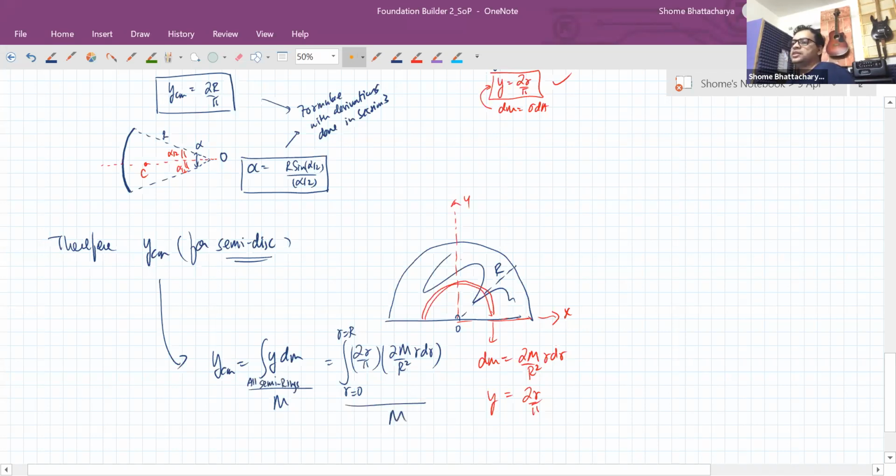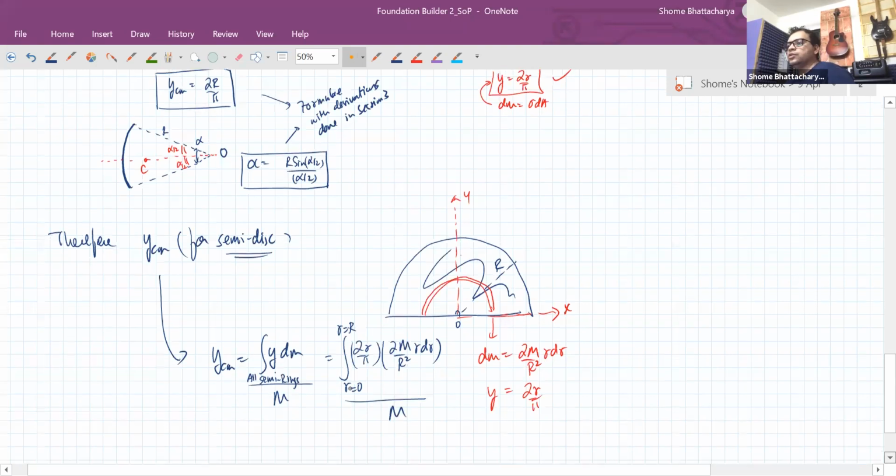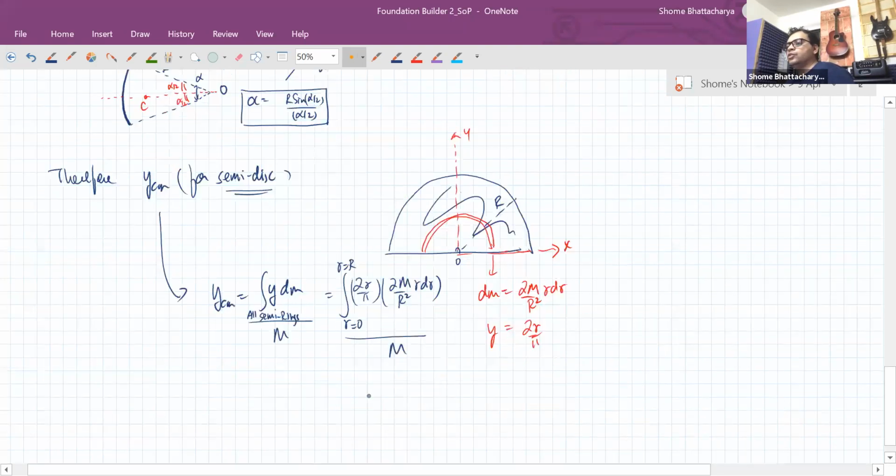Okay. So now this integration has to be done, and as I told you, the integration is very easy. Just take all the constants outside. So 4m upon pi capital R square comes outside, and we are left with r square dr integrated from r equal to 0 to r equal to capital R, and this whole thing then divided by m.